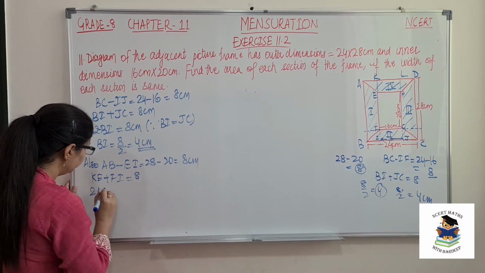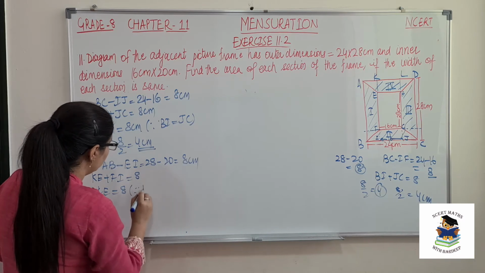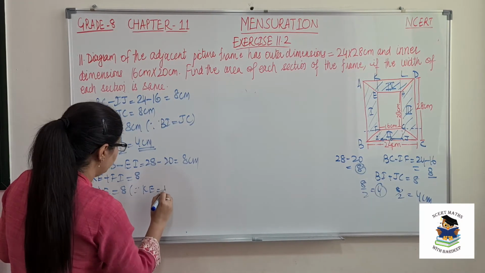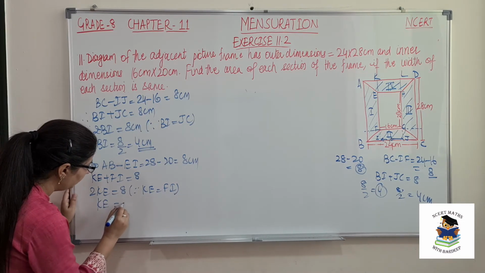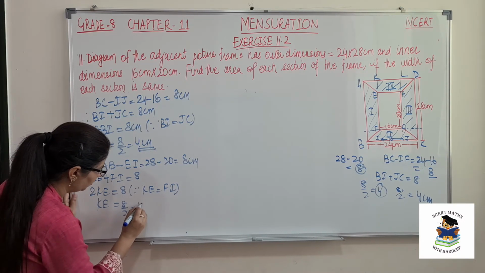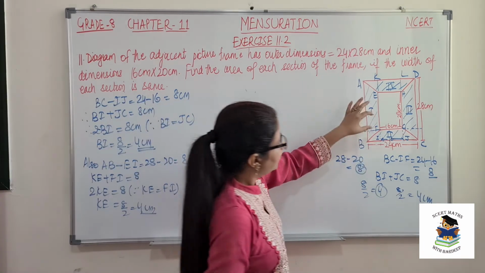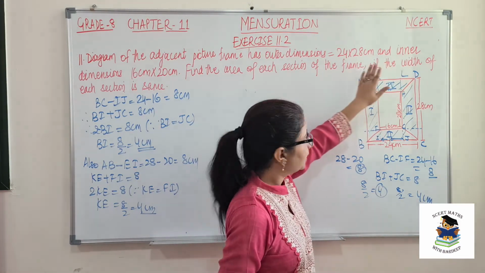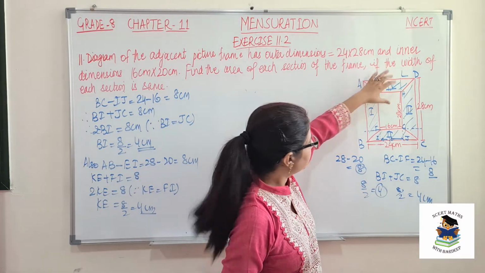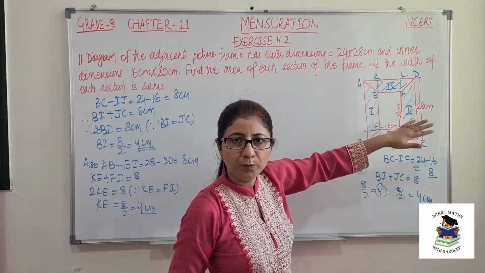Both are equal because KE is equal to FI. So what is KE then? This is 8 by 2, 4 centimeter. So actually what I am finding is, this KE is the perpendicular distance between these two parallel sides, and this BI is the perpendicular distance between these two parallel sides.